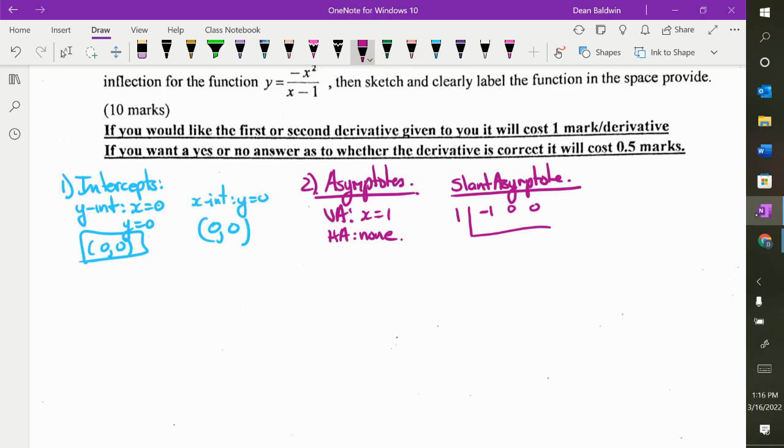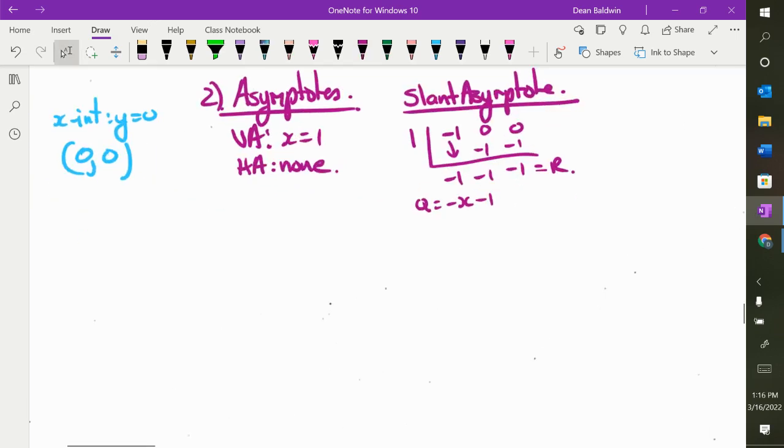So then you do your synthetic. So your remainder is negative 1. Your quotient, negative x minus 1.